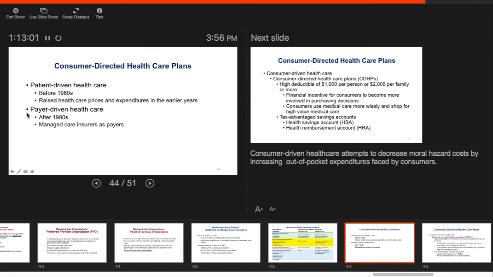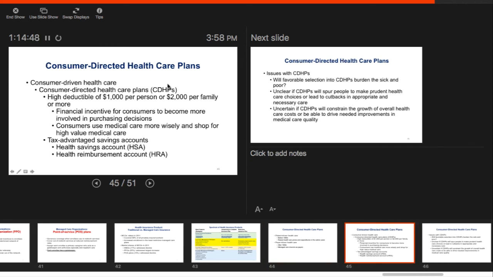That was the reason everybody came up with the point that they have to have a plan to restrict these choices for patients and providers, to decrease healthcare costs after the 1980s. And they came up with managed care insurers as payers to manage the patients and the physicians, to decrease the cost of the healthcare system.